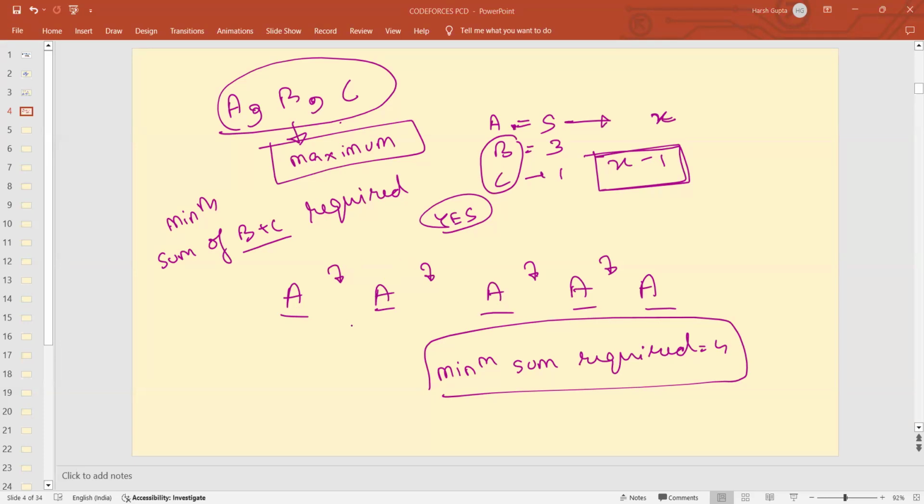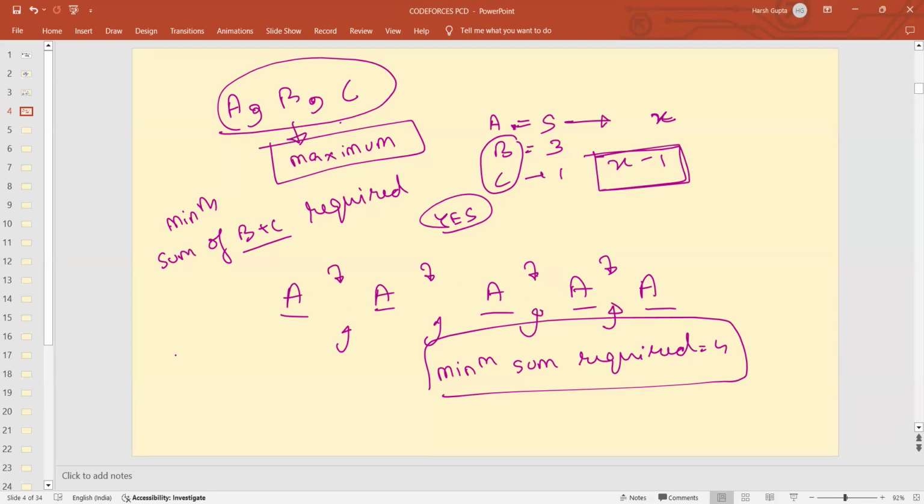The minimum value of B plus C, the rest of the two values left behind, would be 4, because I can't keep any A's together. So I have to insert some element in between every A, and I need at least 4 elements.